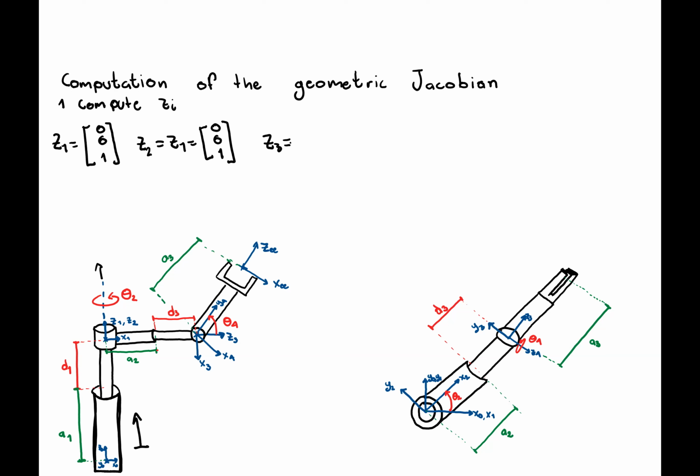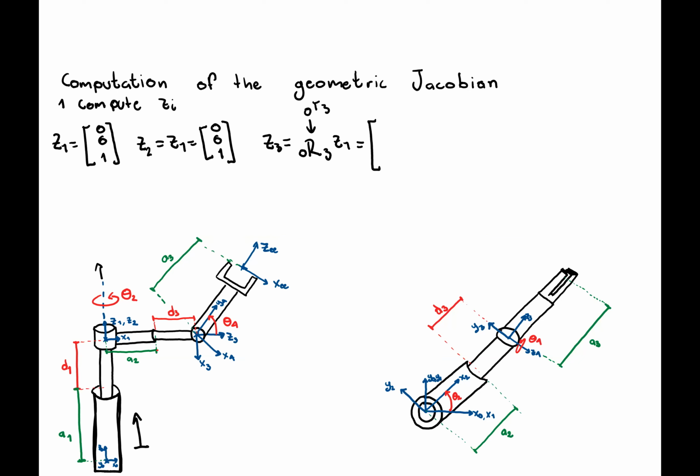We already computed our homogeneous transformation matrices, so we get our rotation matrix from 0T3 and multiply it by the vector z1, which basically rotates the z axis with respect to the world.